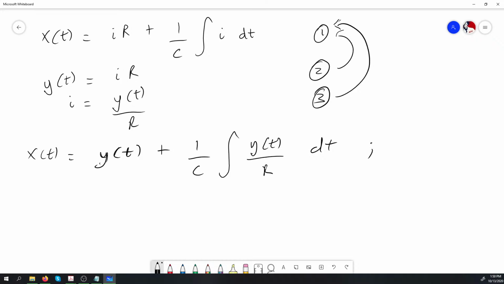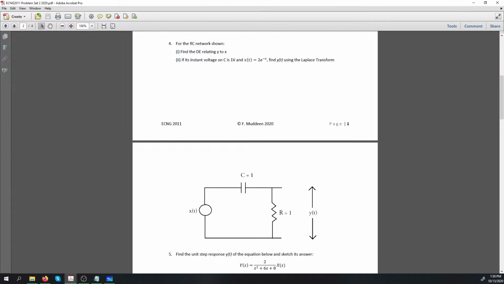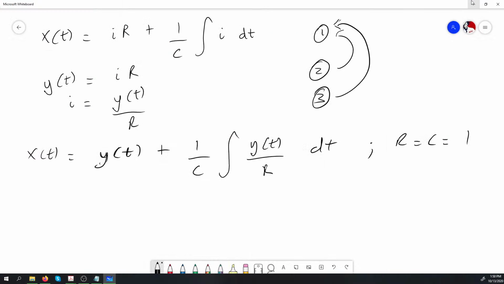We also know that R is equal to 1 and C is equal to 1, which is given to us in our starting question. As we see in our diagram, C was 1 and R was 1, so we substituted in those values. So we get x of t equal to y of t plus integral of y of t dt.